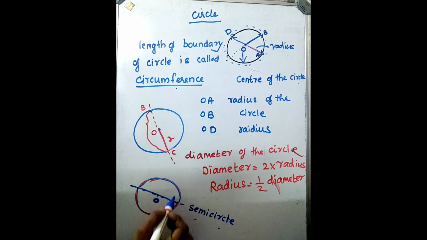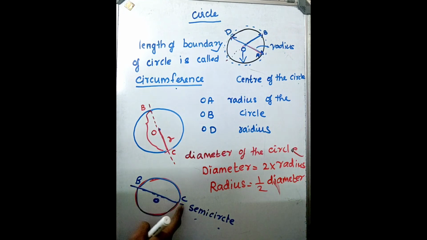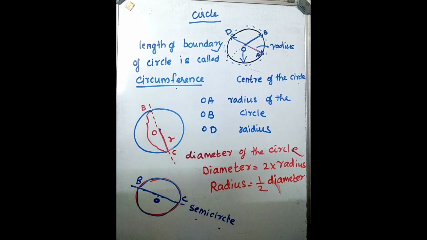Look here, another thing. This is B, this is C. When the diameter divides a circle into two semicircles, B and C are points on the circle. This is O, not zero. Point O is inside the circle, the interior of the circle.